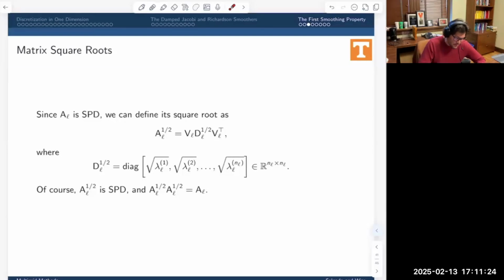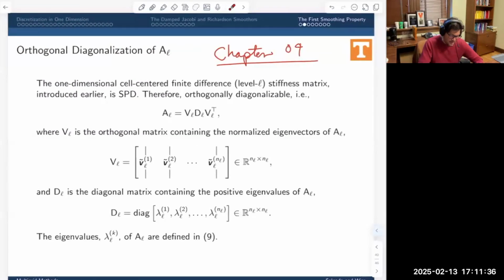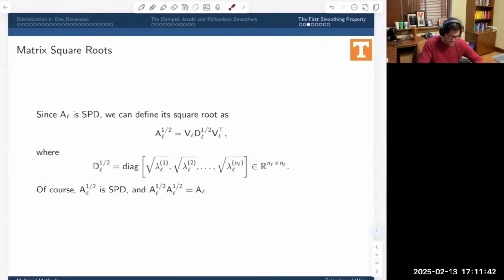The square root of an SPD matrix is, referring back to that orthogonal diagonalization, the same diagonalization, except I take that middle diagonal matrix DL, which previously contained the eigenvalues, and replace those with the square roots of those eigenvalues.